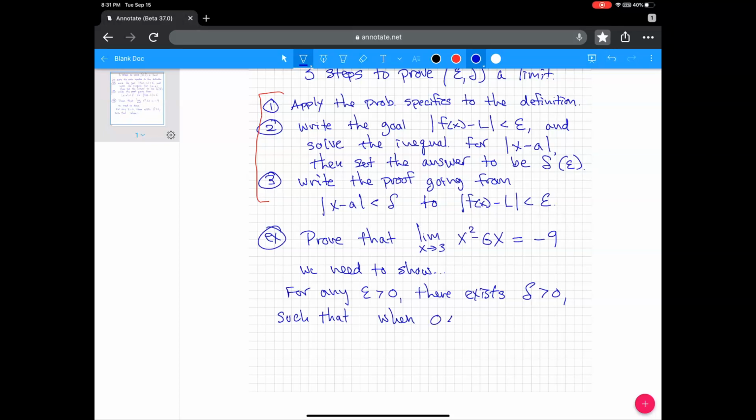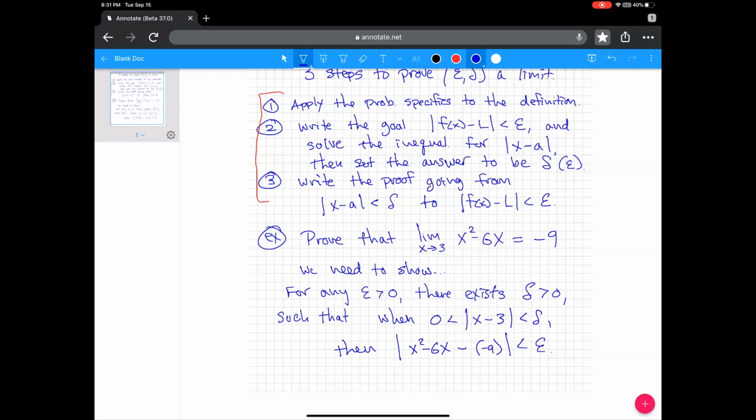When 0 is less than the absolute value of x minus a, and a is 3, is less than delta, then the absolute value of f of x, which is x squared minus 6x, minus L, which is minus 9, is less than epsilon.